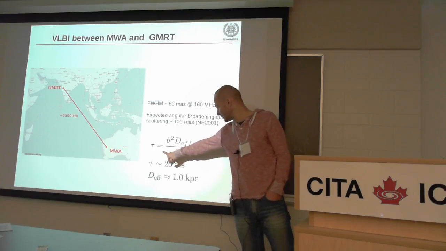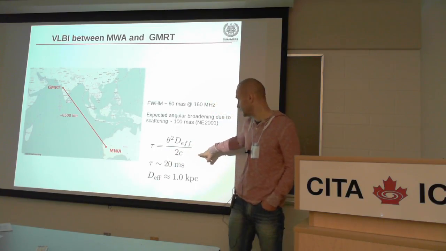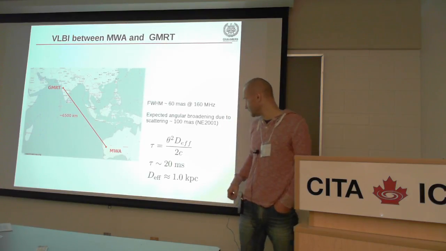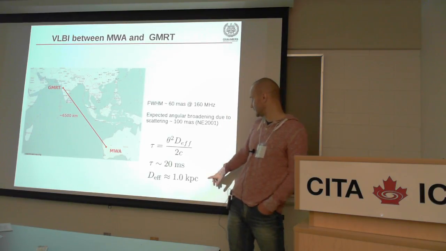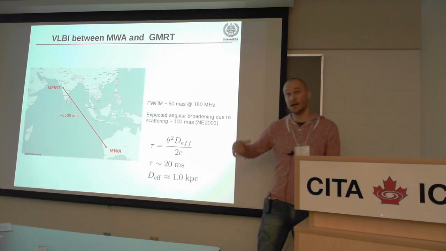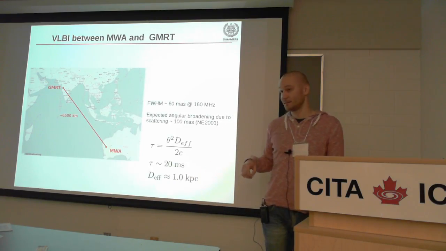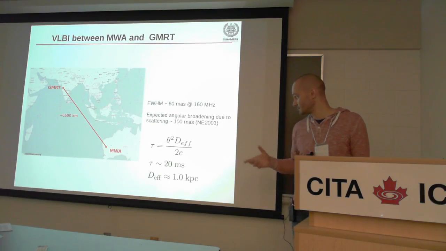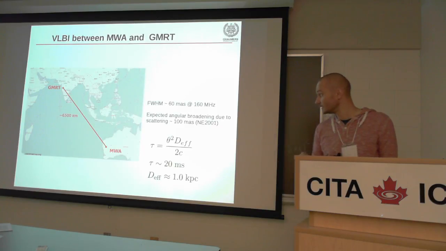I think it sort of adds up that when you put in the 20 milliseconds of scatter broadening and assume that the screen is at about halfway, you also have a size of the scattering disk of 128 milliarcseconds. So I think this is where this works. You can sort of reconcile it.